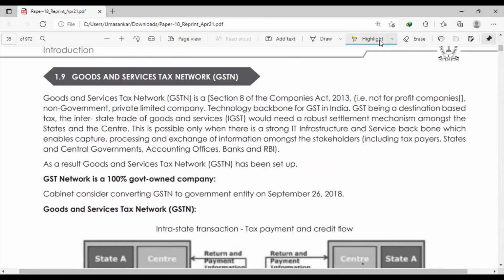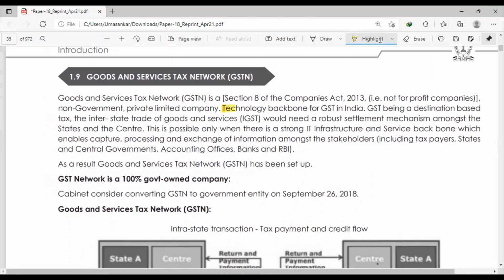So what is written here? GSTN, Goods and Services Tax Network, is a non-government private limited company. It is the technology backbone for GST in India.